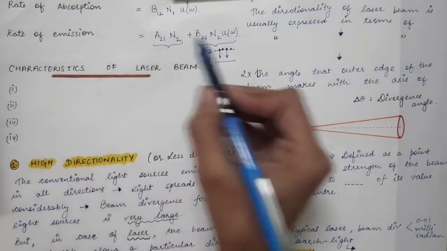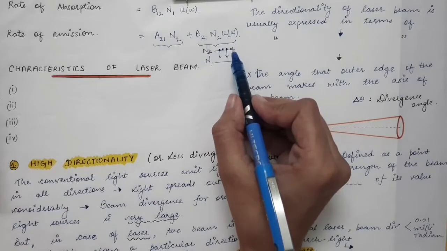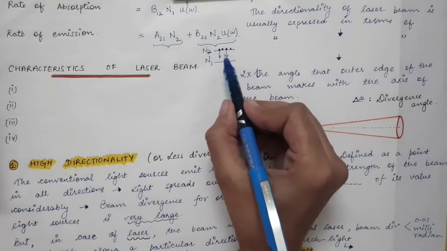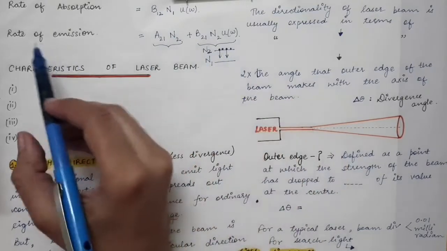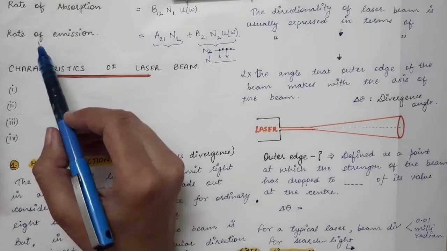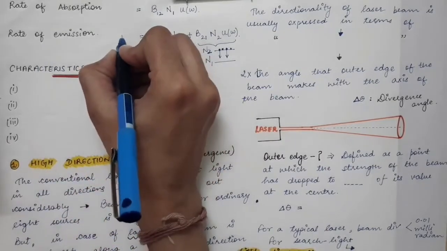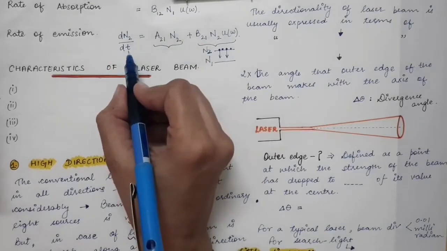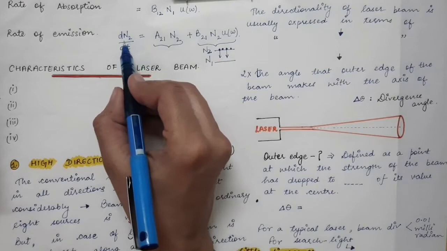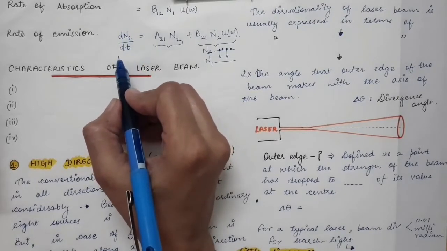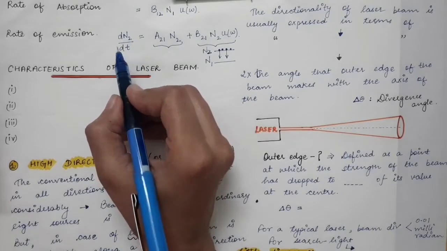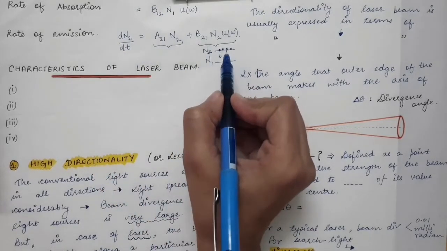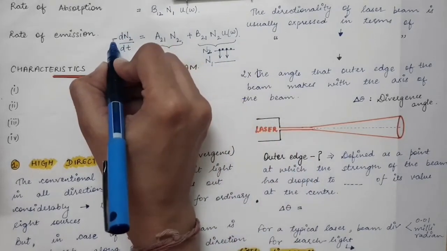The rate at which the number of atoms decreases gives us the rate of emission. So the rate of emission will be equal to dN2 by dt, and since the number of atoms in the excited level is decreasing, we have a negative sign.